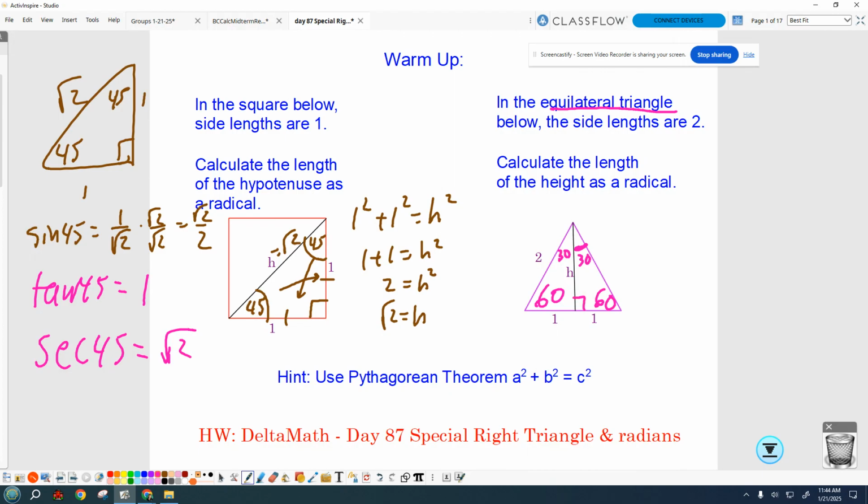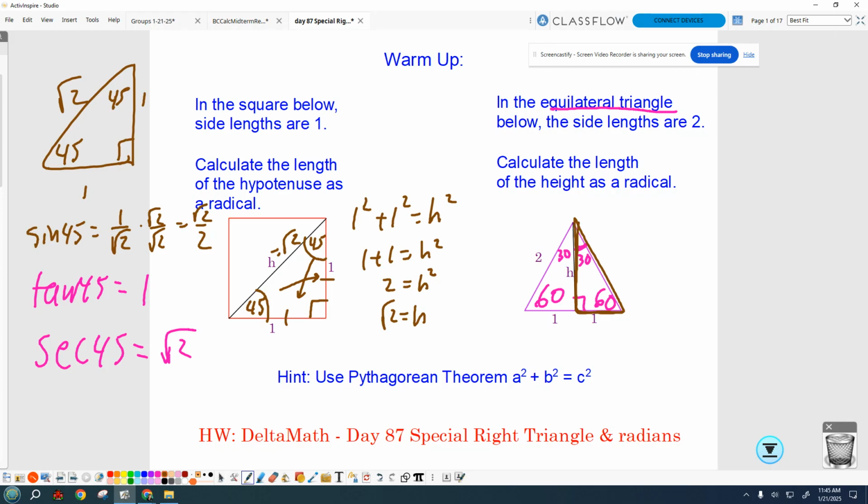Okay. So in just this half of that equilateral triangle, is it a right triangle? Yes. So, Sophie, using Pythagorean theorem, what am I going to set up? We're trying to find h. Pythagorean theorem: a squared plus b squared equals c squared.